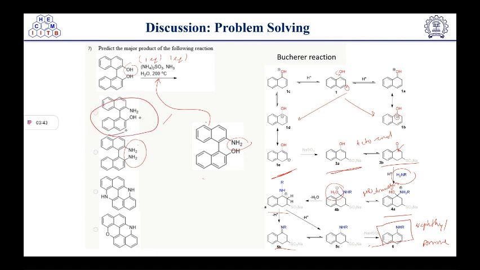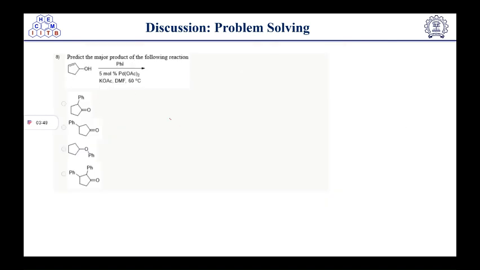Okay, this one. So next one is: predict the major product of the following reaction. What is this reaction? You can see here the addition is taking place on a double bond, and the addition of an aromatic halide is taking place.